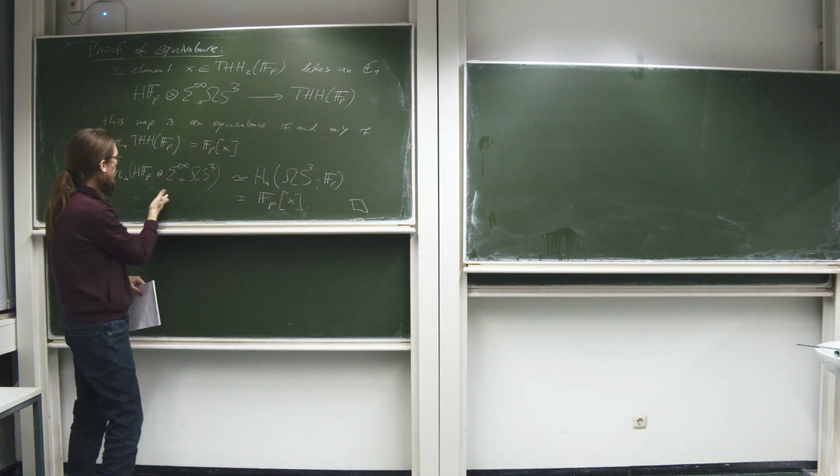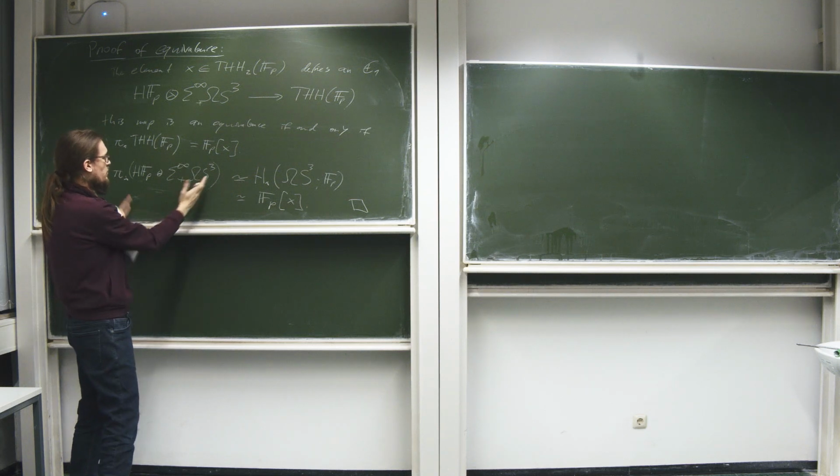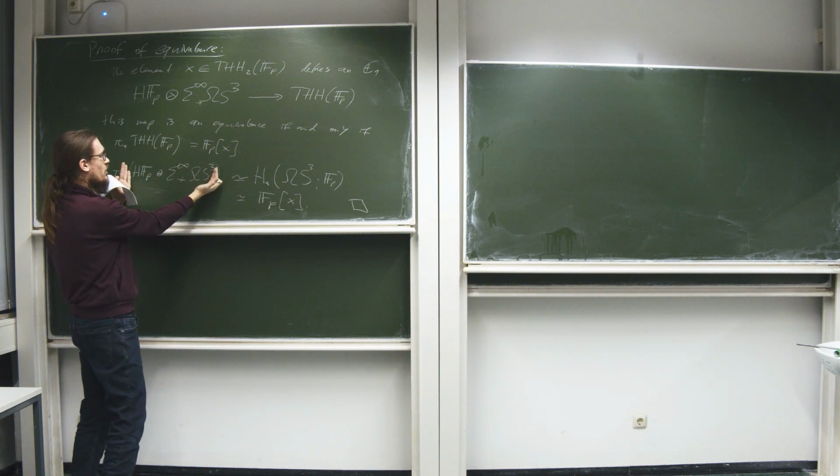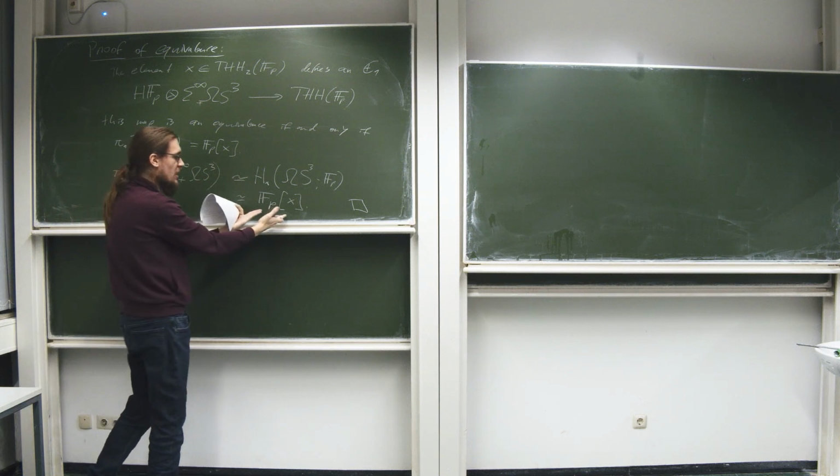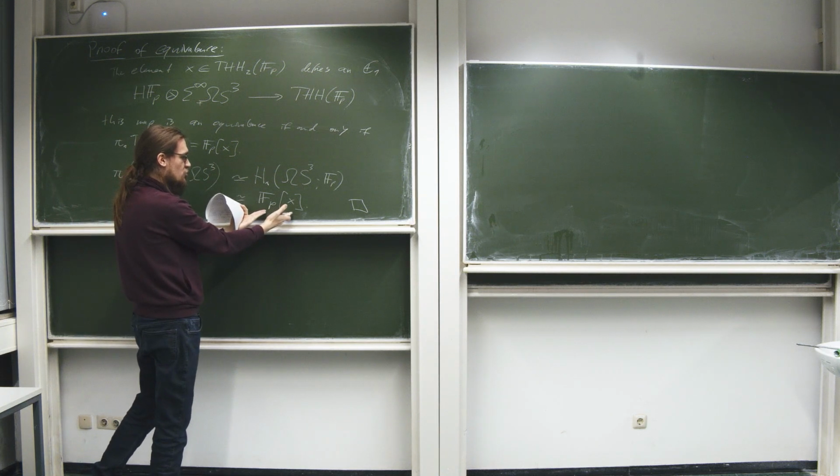Also note that we're saying here that the free E1 algebra over HFp with a generator in degree 2 has this nice property that its homotopy groups are really the free graded algebra on a generator in degree 2.